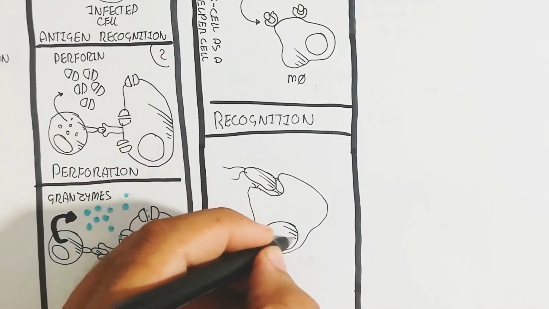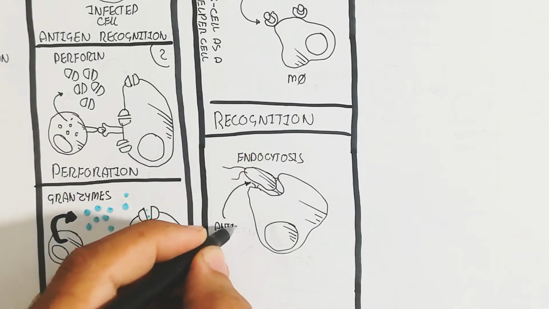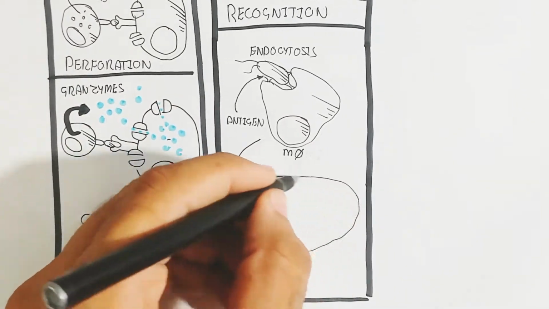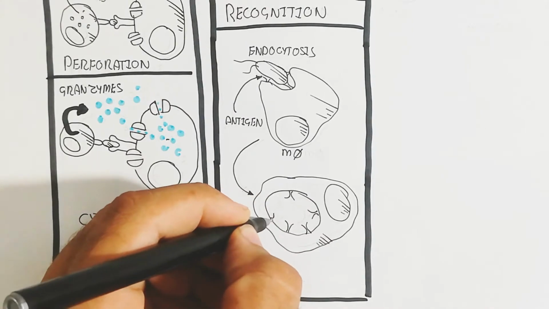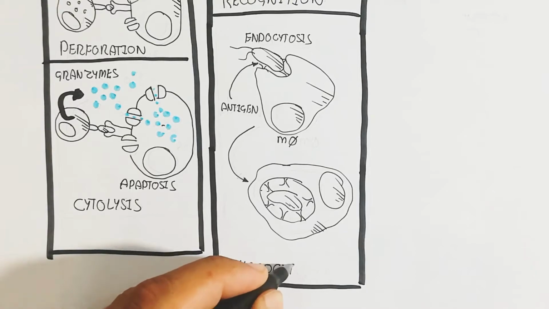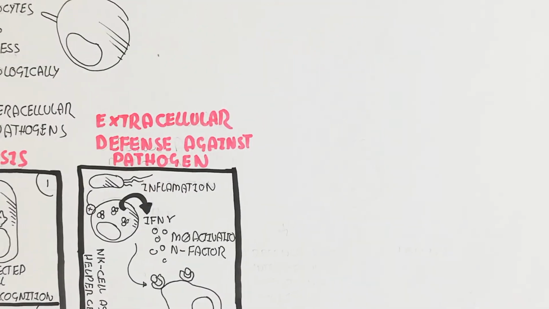But remember that it will not endocytose; phagocytosis occurs through the macrophage, not the natural killer cell. So the natural killer cell is not involved in phagocytosis, but indirectly activates the macrophage to engulf, and phagocytosis occurs through other cells, for example neutrophils also. So remember.